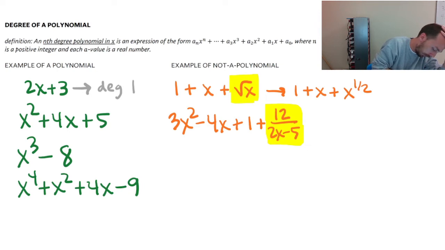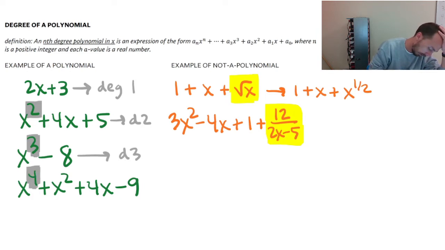I see x to the 2 right here. So that's going to be degree 2. Okay. Over here, x to the 3 is the highest exponent I see, and that will make this a degree 3 polynomial. And then over here, okay, the biggest exponent I'm seeing is x to the 4, and that will make this a degree 4 polynomial.